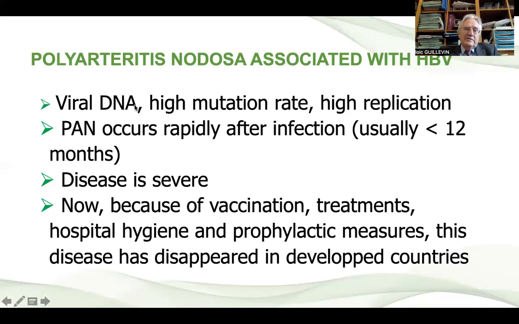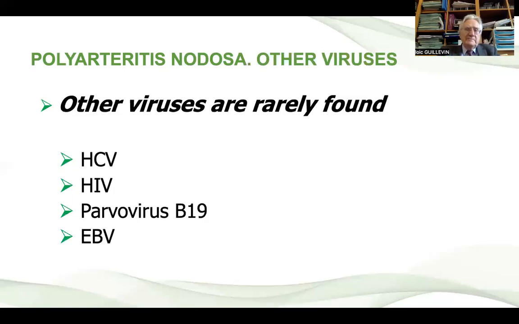What is also interesting is that some patients who have already been infected with HBV, but many years before the polyarteritis nodosa, can develop PAN, but only after a mutation of the virus. If the virus remains stable, you will not observe the disease years after the first contamination.